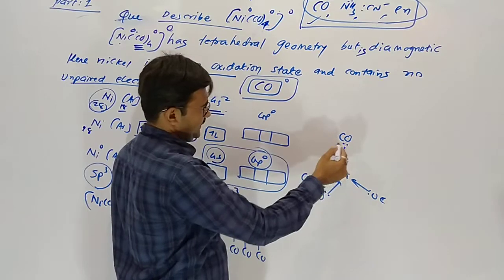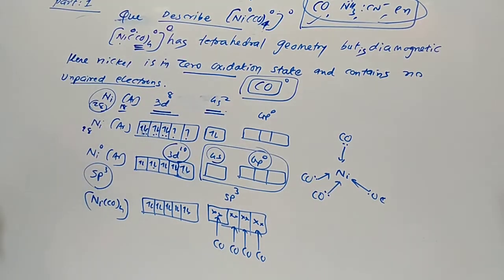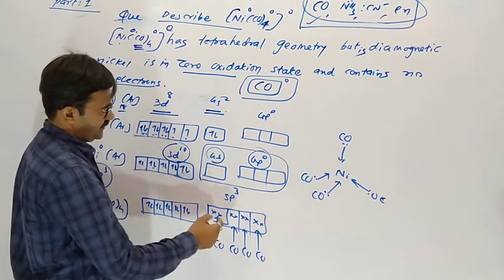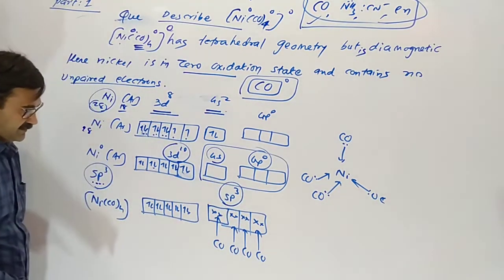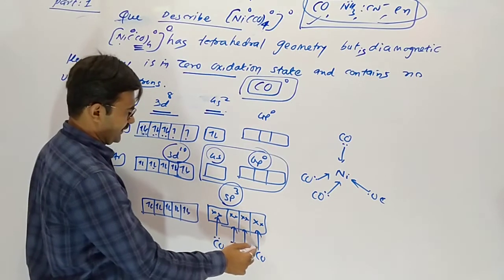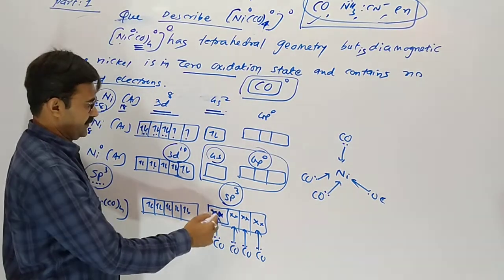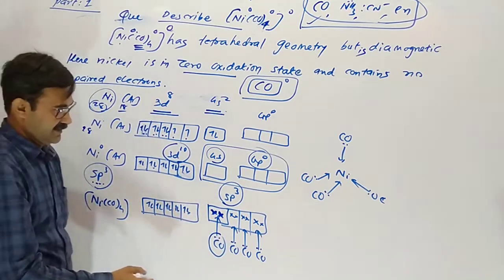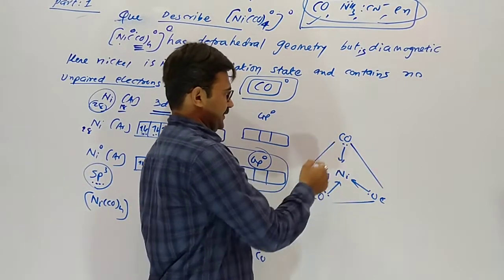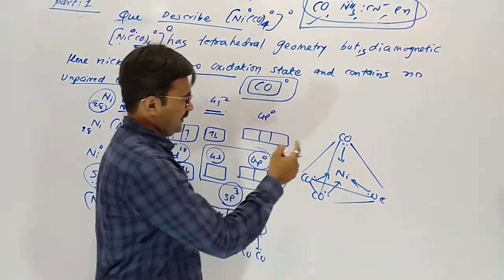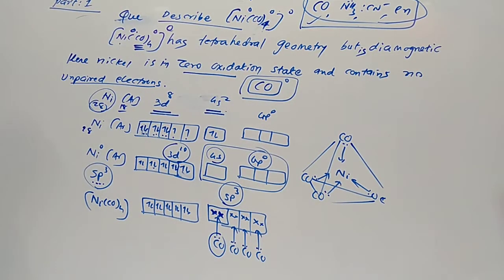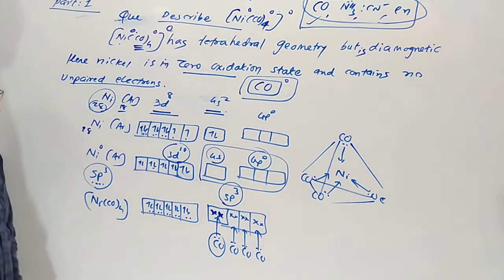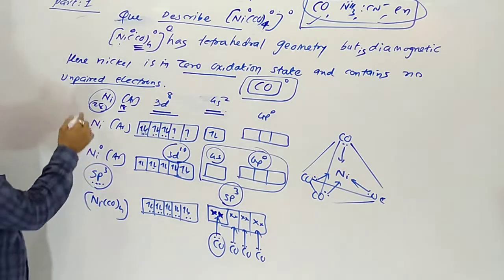So it hybridizes four orbitals, one of s and three of p. sp3 hybridization occurs, and each carbonyl ligand donates one electron pair, which gives a tetrahedral geometrical shape. Here you can see all the electrons are paired, and no single unpaired electrons are present.